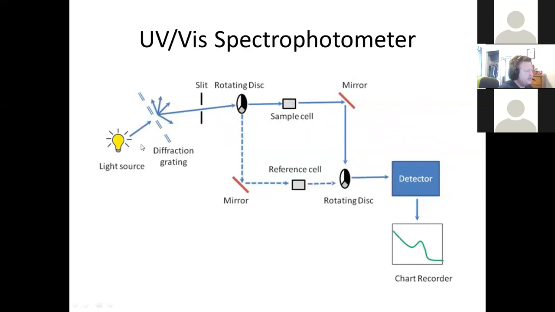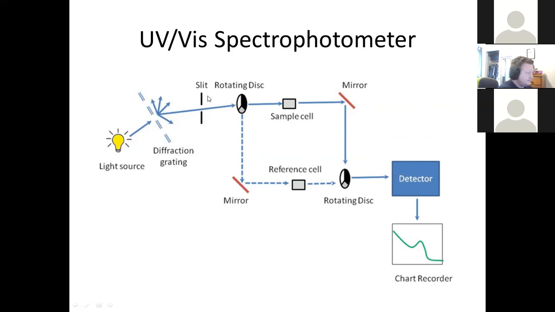Essentially, they have this type of setup. You have a light source that gives you a whole bunch of different light wavelengths. You have a diffraction grating, or a monochromator is another word for it, that gives you only one wavelength that you're interested in studying, at least at a time. Typically, you'll scan a whole bunch of different wavelengths by moving this diffraction grating.